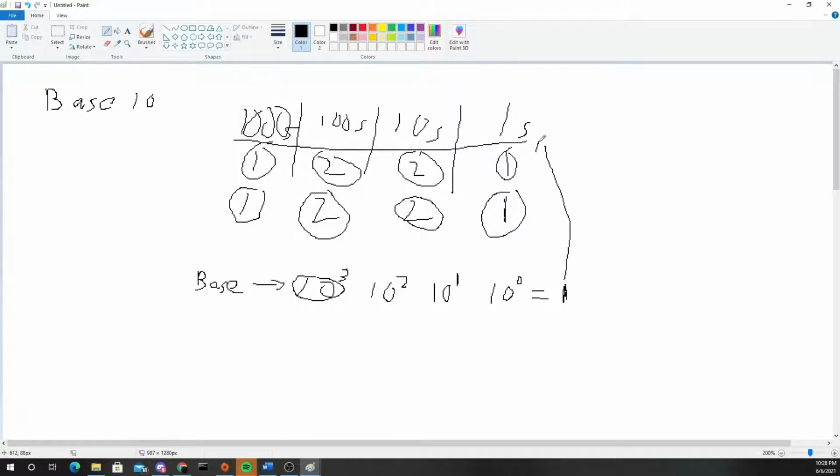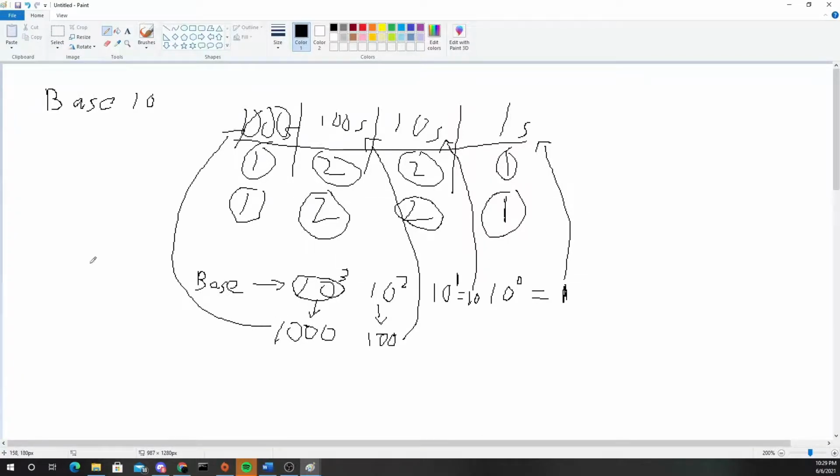Hence, our ones place. 10 to the 1 is going to equal itself, so that's 10. 10 to the second is going to equal 100, because that's just 10 times 10. Hence, our hundreds place. And finally, 10 to the third is going to equal 1,000. Hence, our thousands place. So that's where the name base comes from.